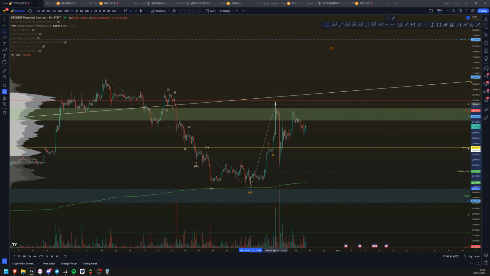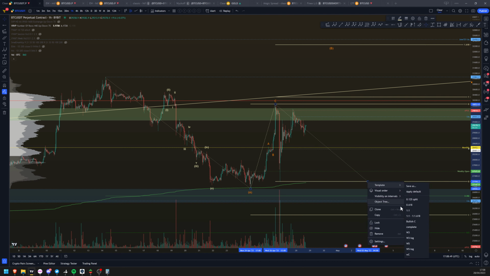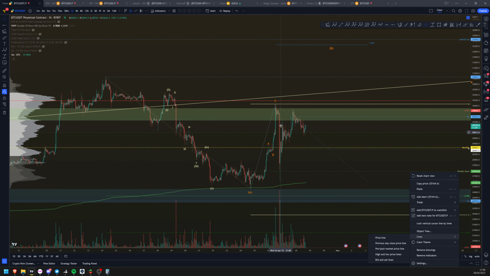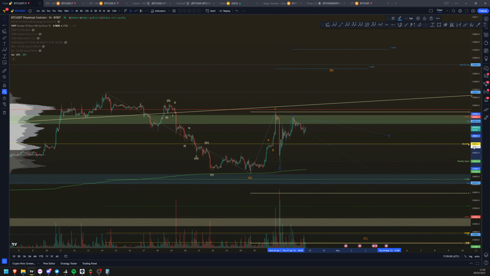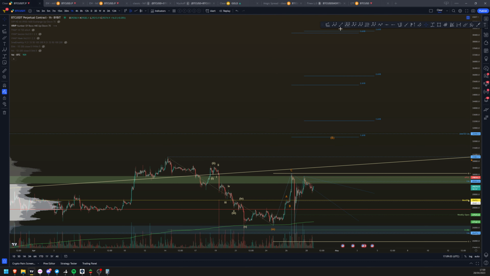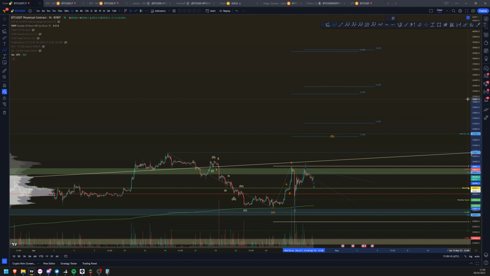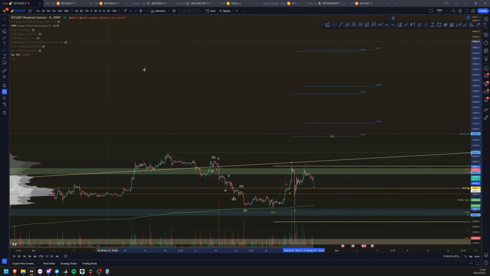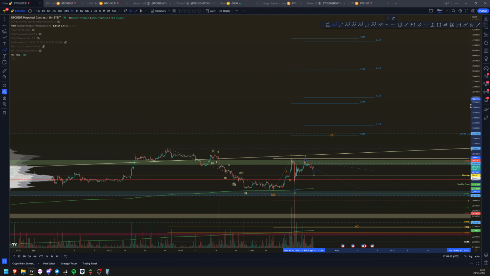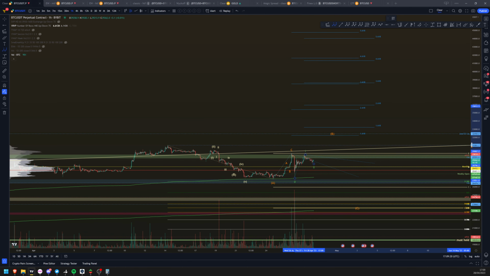If this is a 1-2 and this is a, I don't know, sub 1-2, that means we can do 1-2 and the higher target is 51. I mean, potentially we can get something along this, right?